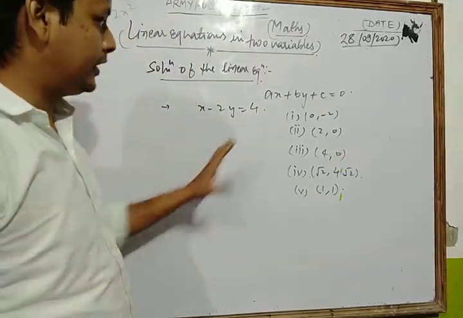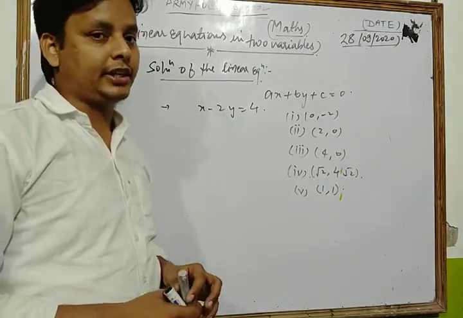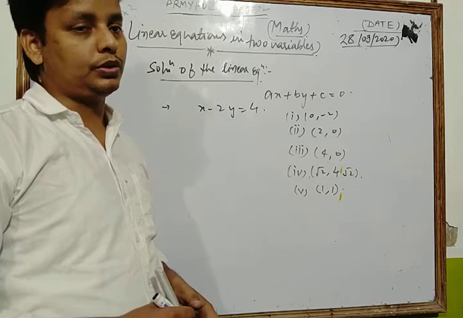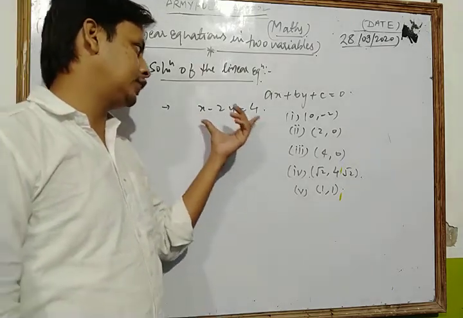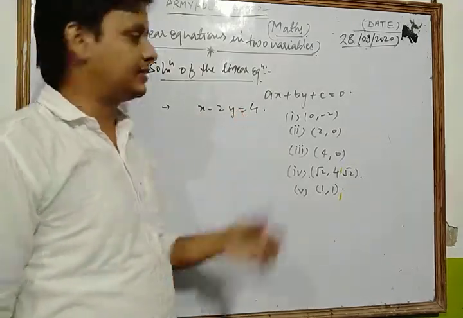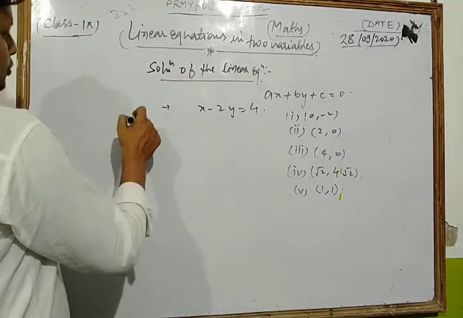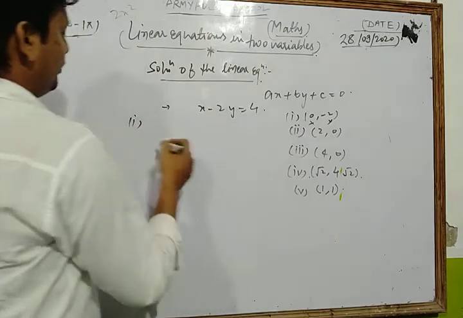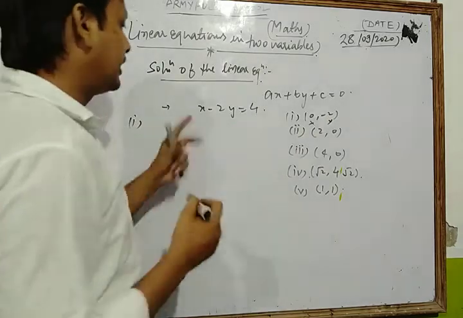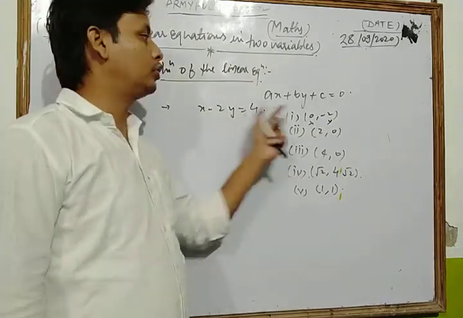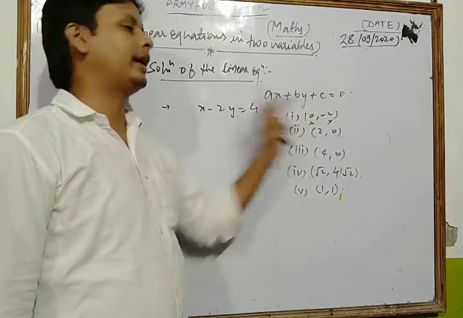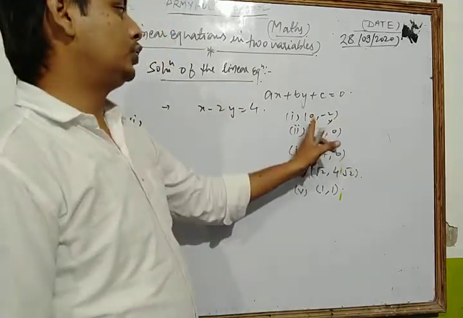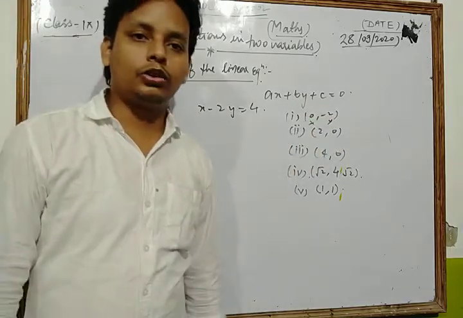First we take the first part and check whether 0, minus 2 is a solution of the given equation. Here this is x, this is y. If we put x equal to 0 and y equal to minus 2 in the LHS and get 4, then we can say that 0, minus 2 is a solution.